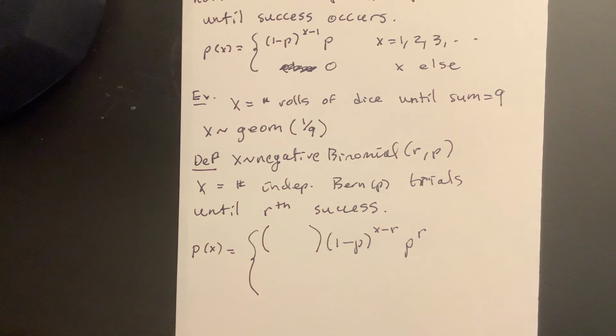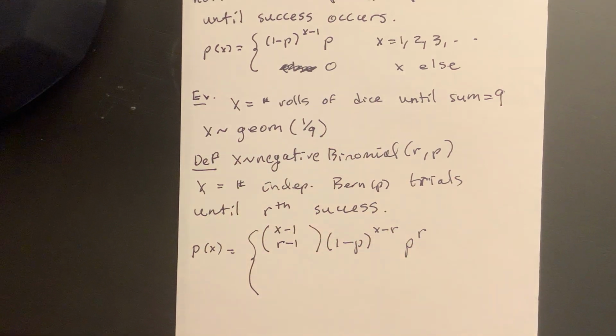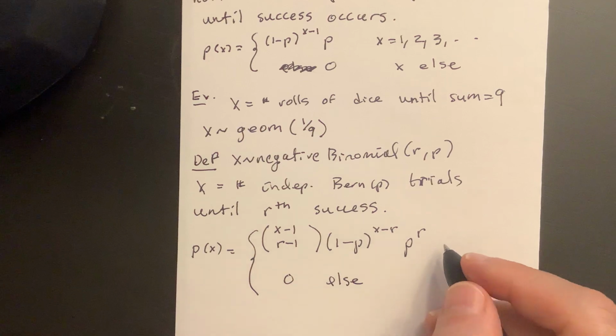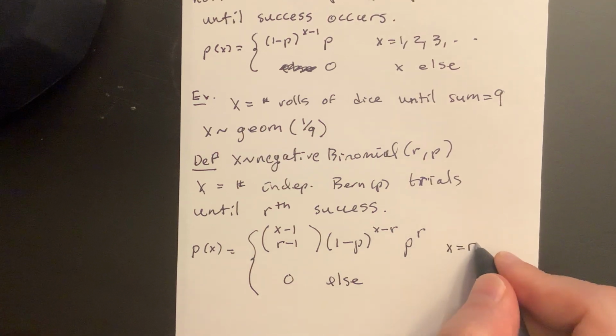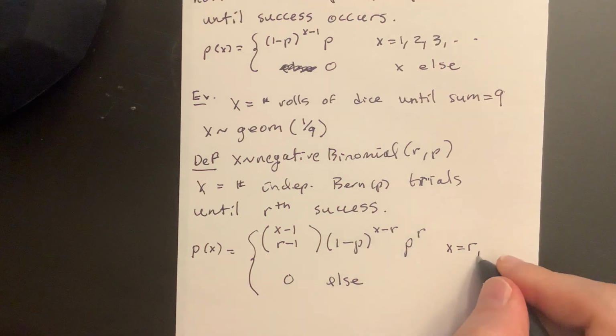The last trial is constrained to be a success, because that's when you stop. So it's the previous x minus 1 trials where you need to pick R minus 1 successes. So this should be x minus 1 choose R minus 1, and 0 else. And this starts with x equal R, right? You need at least R trials to get R successes.